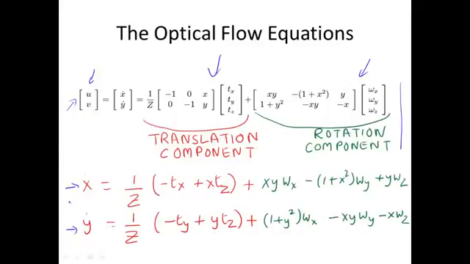So just to make clear that I have expressed in a compact way using vector notation what really are two separate equations, one for the x component of the optical flow and one for the y component of the optical flow. So let's get going, and first we'll concern ourselves with the translational component, all this red stuff here.